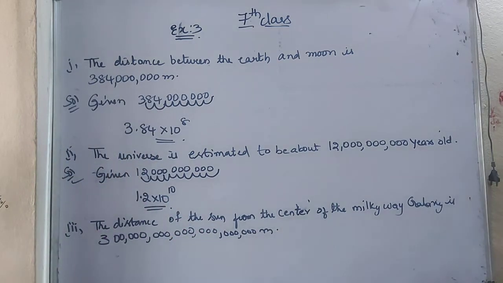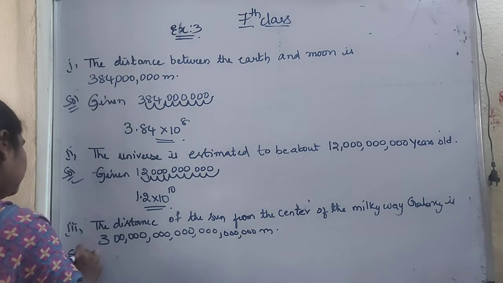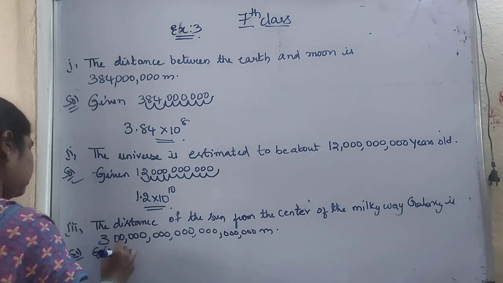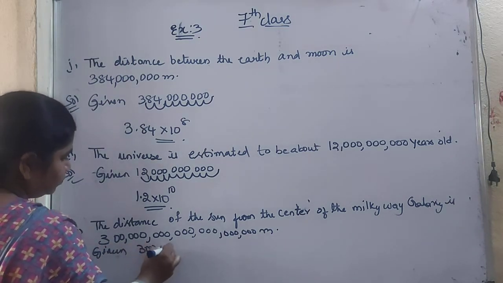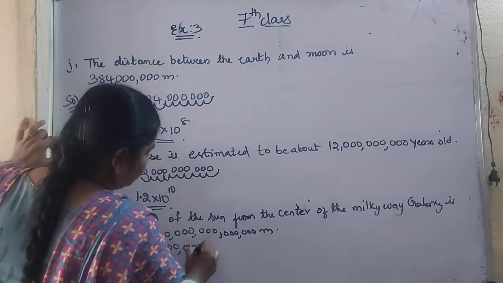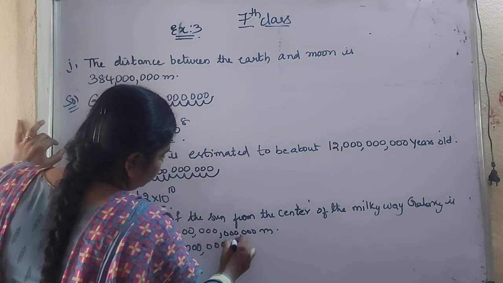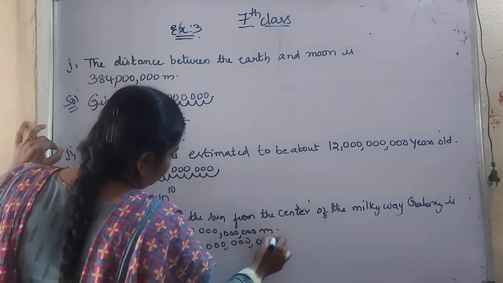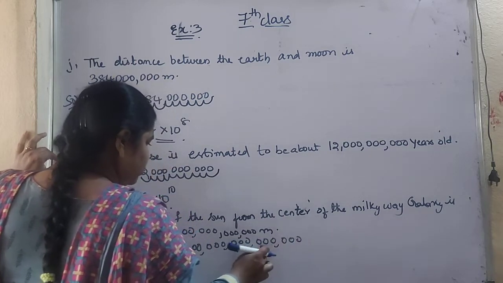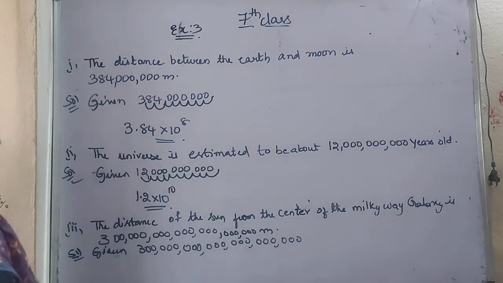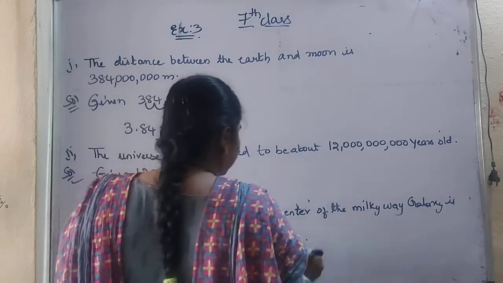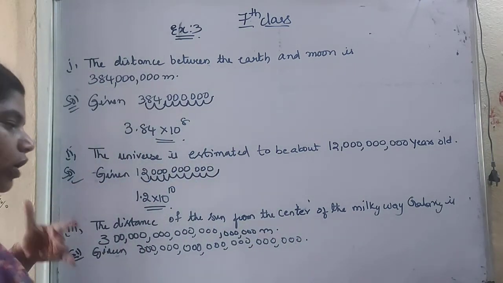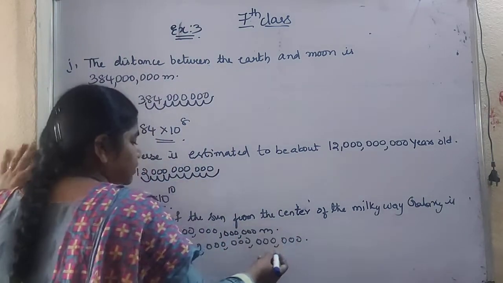So this one we have to convert into standard form. Where is the point? At last, because it is a bigger number, we have to move to the left side.